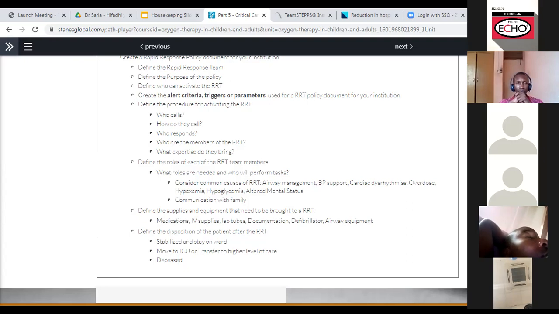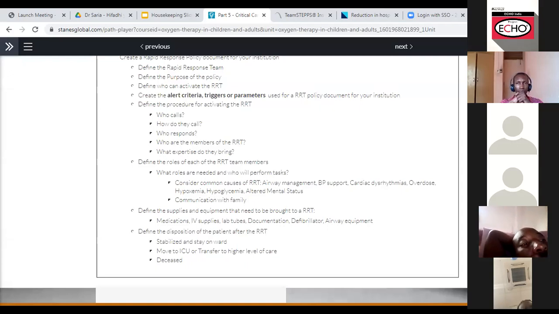And then we should know if the rapid response team has done their job. Maybe they've already stabilized the patient. Where will this patient be disposed? If the patient has died, where will this patient go? Or will this patient go to the ICU now to continue with intensive care?